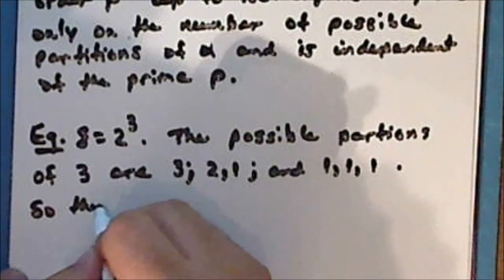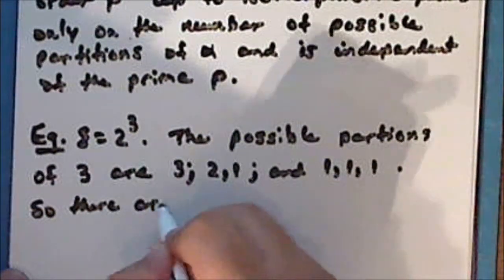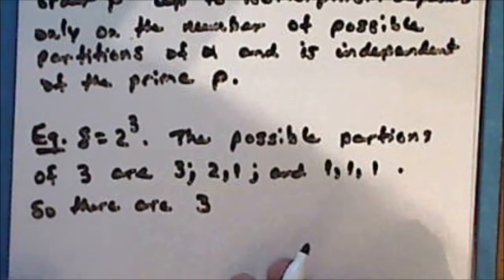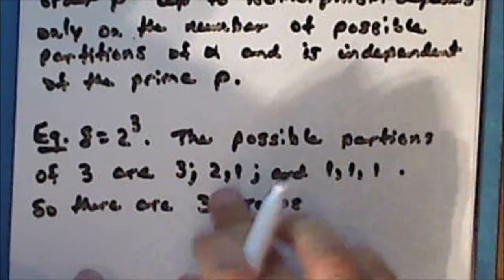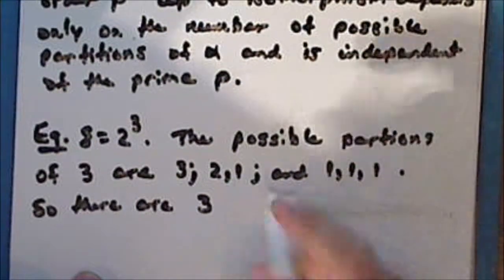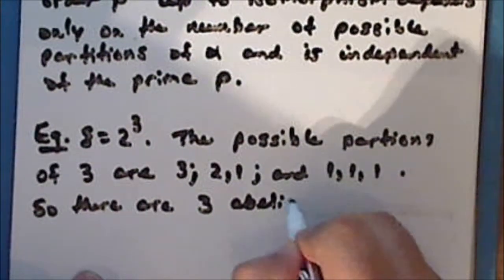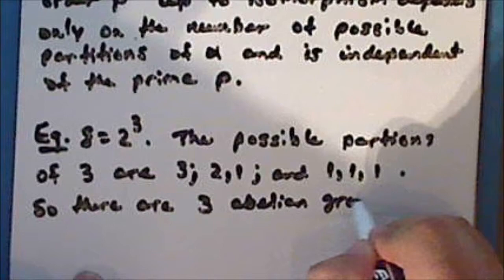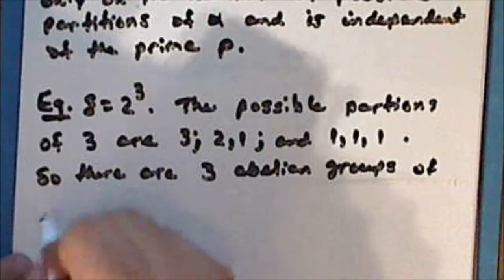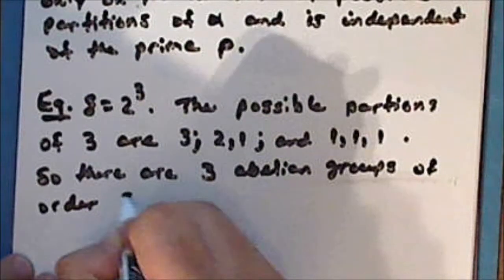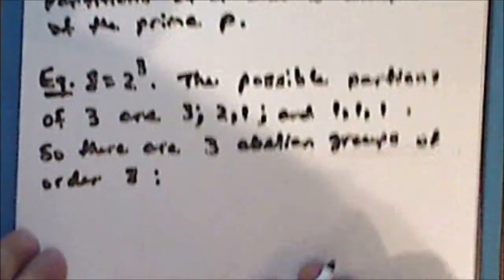And so there are 3 abelian groups of order 8 up to isomorphism.